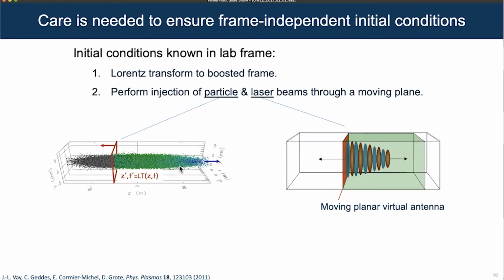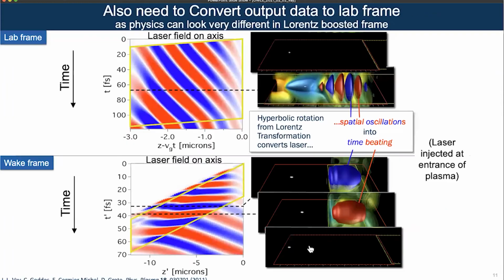You inject your particles so they become alive. When they cross this plane, this is where they start to acquire some color in that plot. While for the laser, it's basically just a vertical antenna that moves in front of the plasma and injects the laser into the plasma.